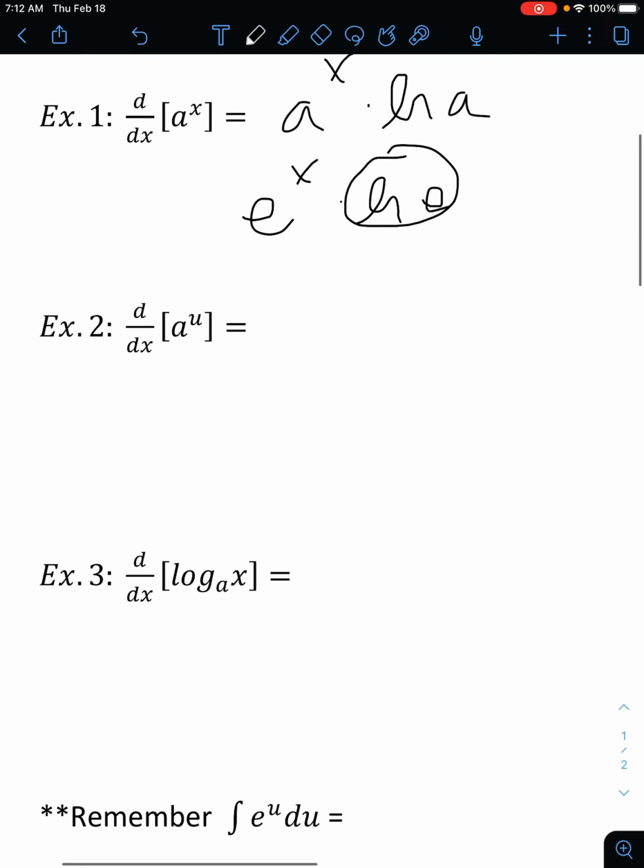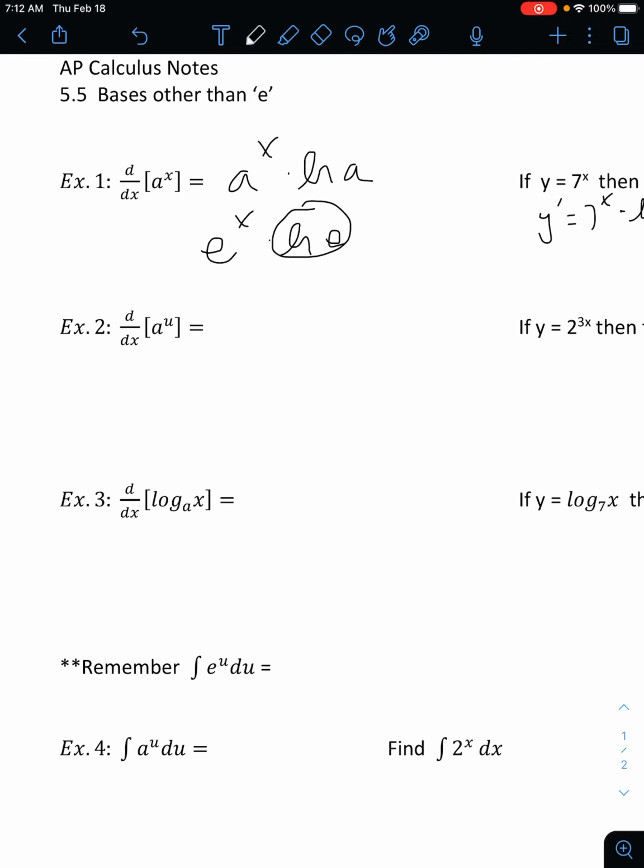Well, let's say it was something other than just x. I have this example here. What if it was 2 to the 3x? If your exponent is a function of x, well, then it's going to be a to the u times natural log of a, same thing. But then we have to apply chain rule and multiply by the derivative of u, so u prime.